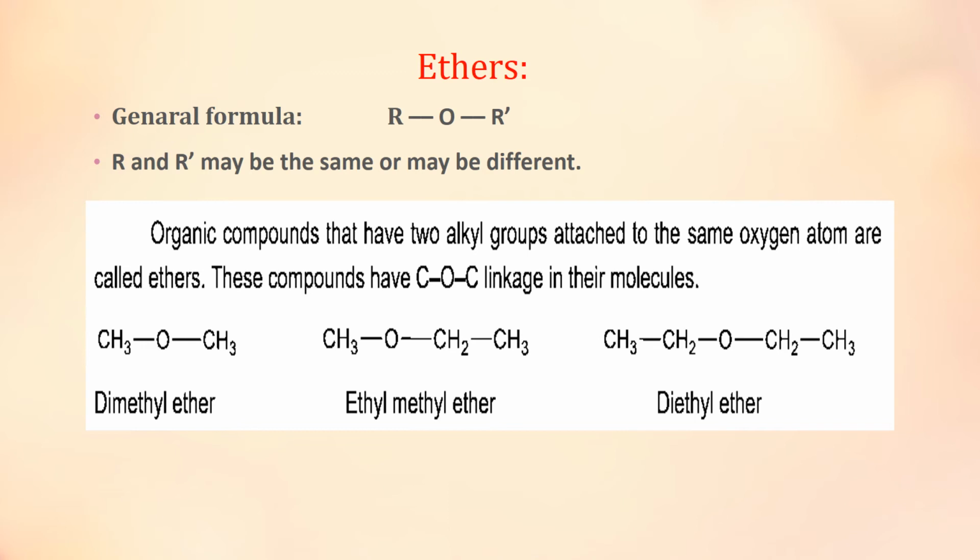So ethyl methyl ether is formed, in which two different alkyl groups are attached to the same oxygen atom. The next example is diethyl ether. Two ethyl groups, the same alkyl groups, are attached to the oxygen atom. So in the general formula R-O-R dash, R and R dash may be the same alkyl group or they may be different alkyl groups.